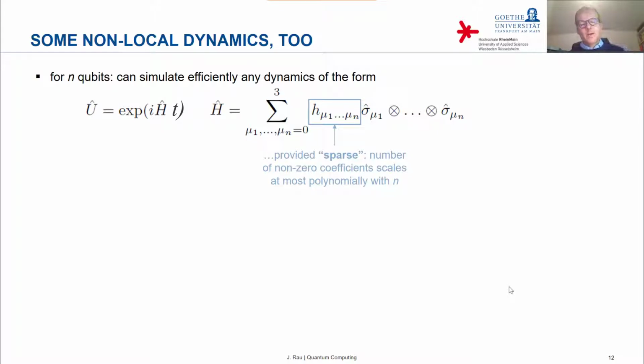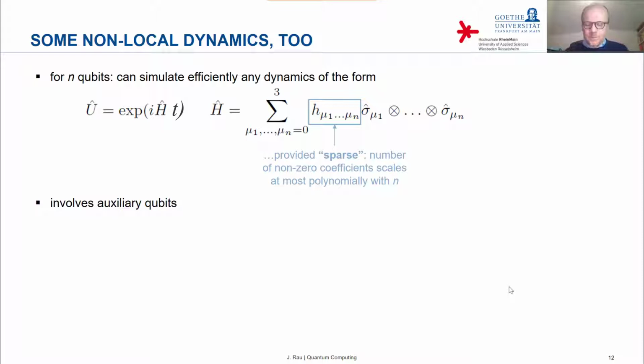So you can have contributions to the sum where in the tensor product you have all different Pauli operators for all the qubits involved. That would be a highly non-local interaction involving all the qubits. But the requirement instead is that the number of non-zero contributions to the sum scales at most polynomially with the number of qubits in the system.